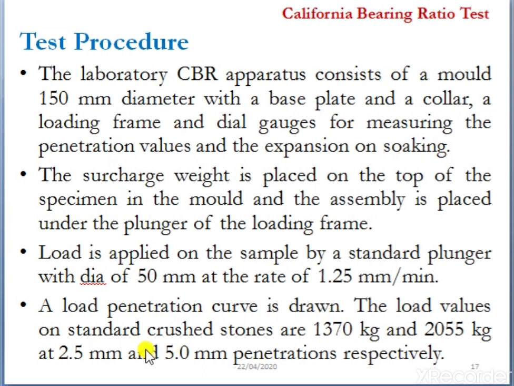A graph is plotted to the values which are obtained from the experiment. Here the load values on the soil sample will be 1370 kg for 2.5 mm penetration and 2055 kg for 5 mm penetration respectively.